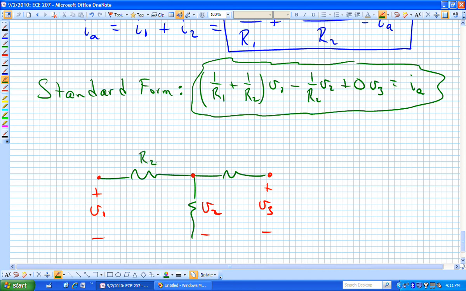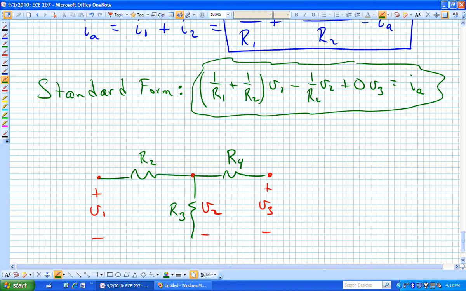This was R sub 2. This was R sub 3. I hope this is correct. Let me go back in my notes. And this is now R sub 4. Does that look correct?